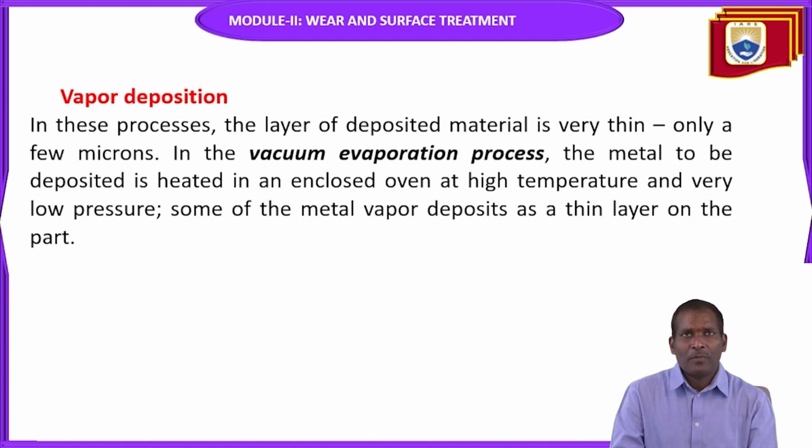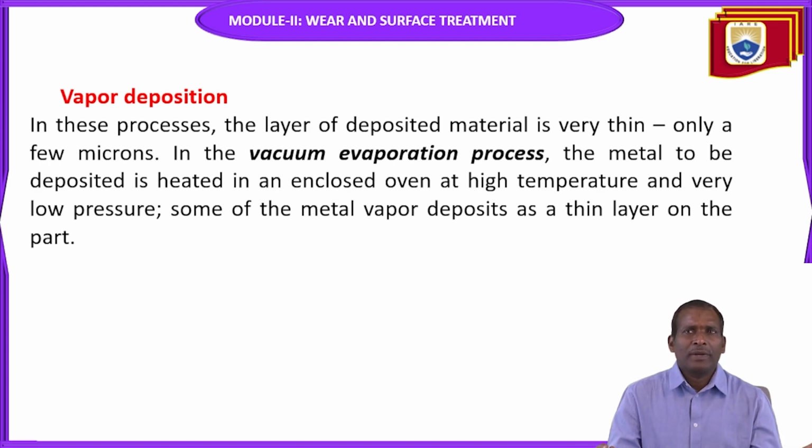Next process is vapor deposition. In this process, the layer of deposited material is very thin, only a few microns. In the vacuum evaporation process, the metal to be deposited is heated in an enclosed oven, like in thermal spraying, flame spraying.